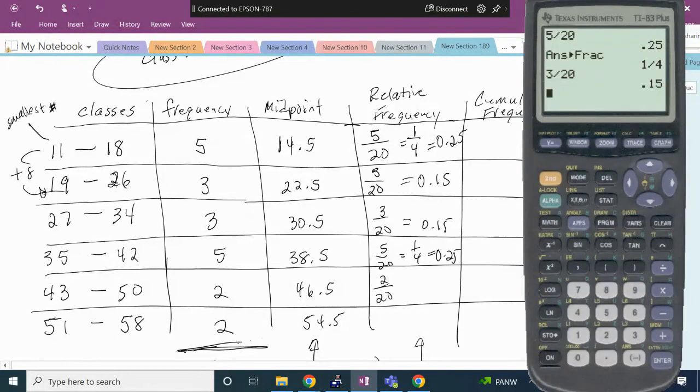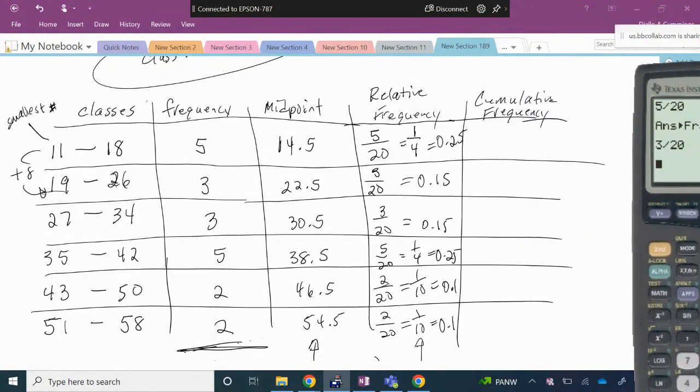For that next class, the relative frequency is 2 over 20, which is 1/10 or 0.1. And the same is for the last class, right? Its frequency is 2 divided by the total frequency, which is 20. All right, and we have 0.1. So any questions about relative frequency?